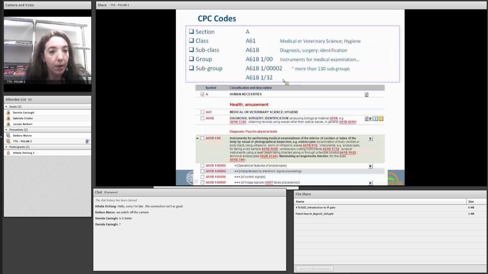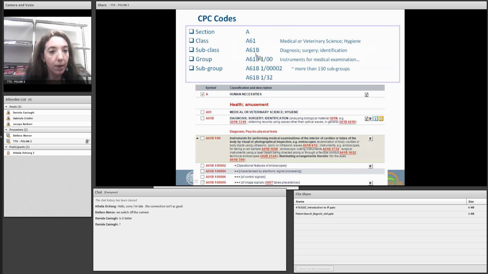Let's see an example. If I click on the A code, I have the A61, that is the class containing all the patents from human necessities and medical or veterinary science.